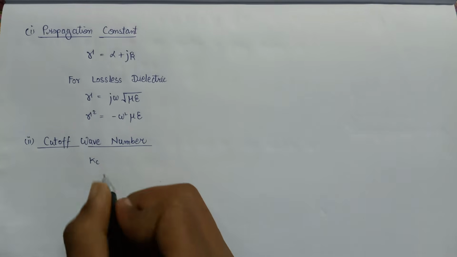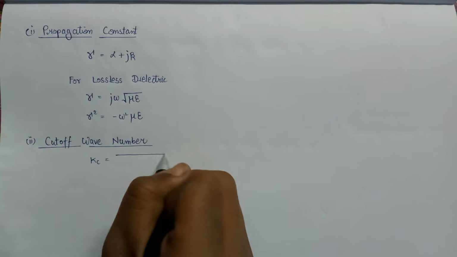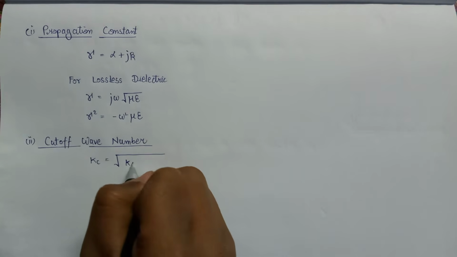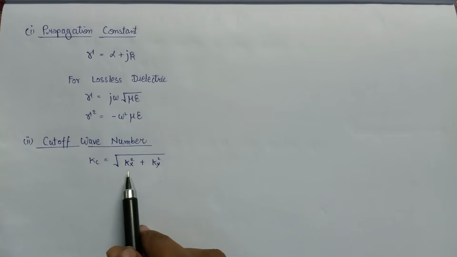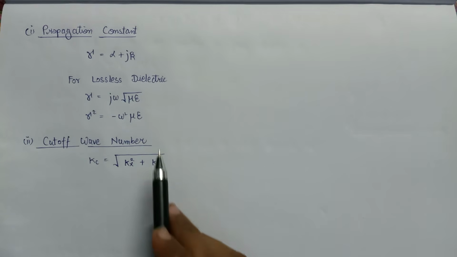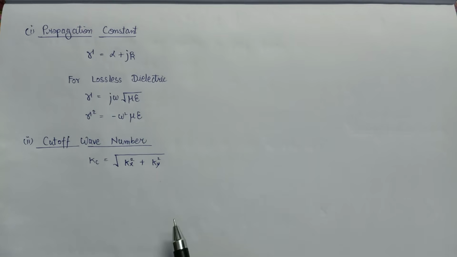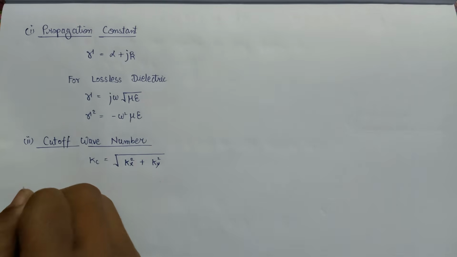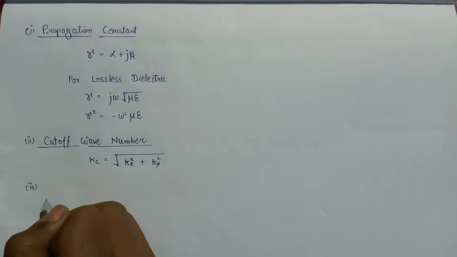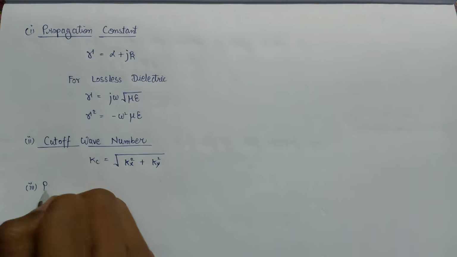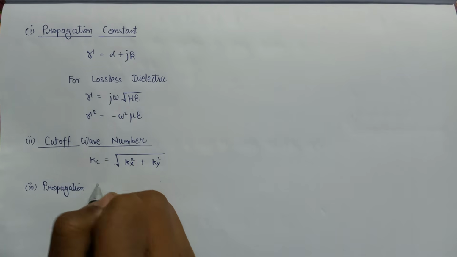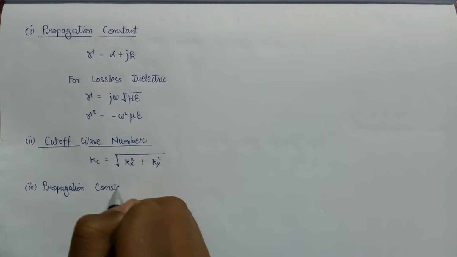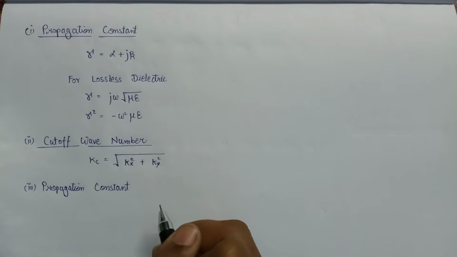The representation for the cutoff wave number is always equal to the square root of kx square plus ky square. And the values of kx and ky we discussed earlier. Now let us discuss the third parameter, that is the propagation constant for the wave in a waveguide.